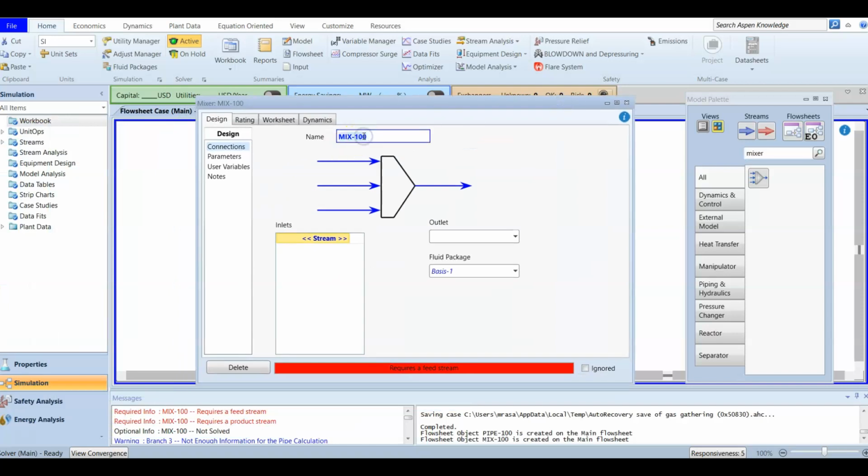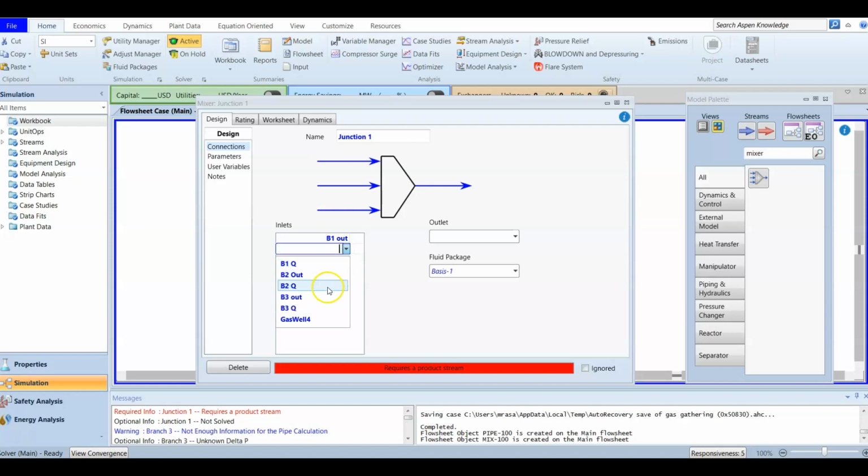Maybe we call it mixer or junction 1, so G1 or junction 1. And in this case, I'm going to mix two streams, the out from B1 and the out of B2. Remember you are mixing the two material streams, not the energy stream. So this is the G1 or the junction 1 out, and here we have mixed them.